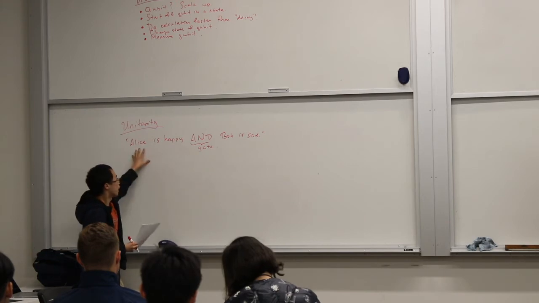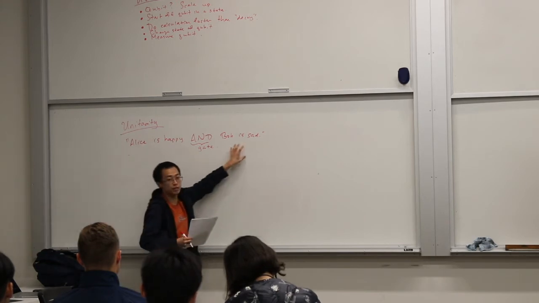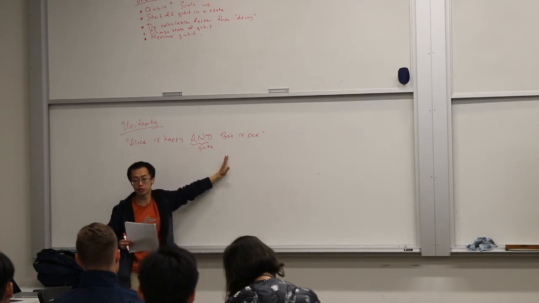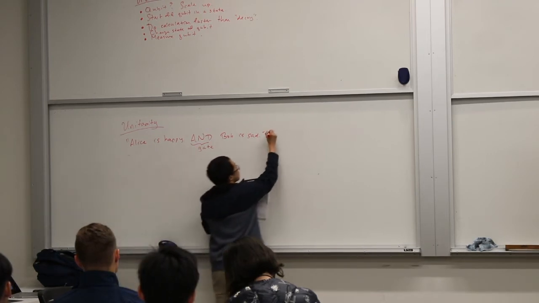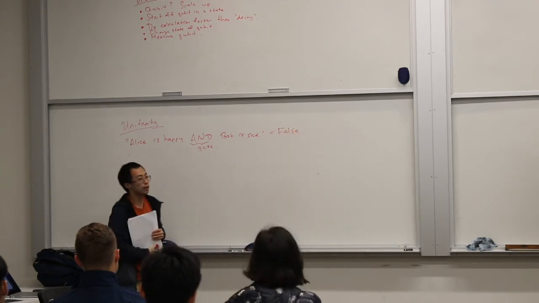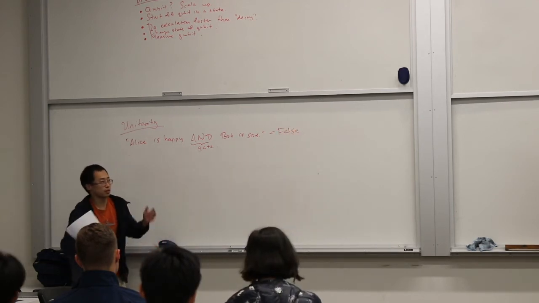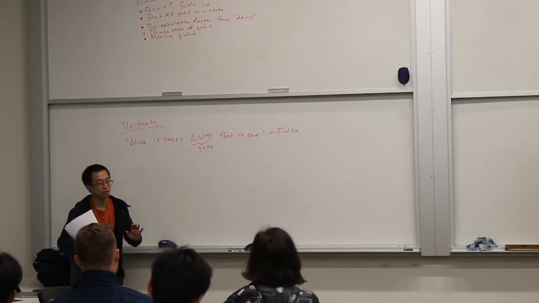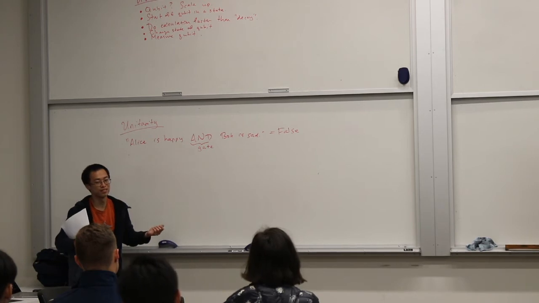So Alice is happy and Bob is sad. Suppose that this entire statement was false. Like this statement is not true. Now, let me pose to you this question: is Alice happy or sad? Can you figure it out?